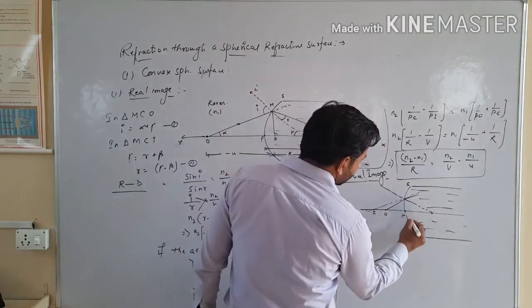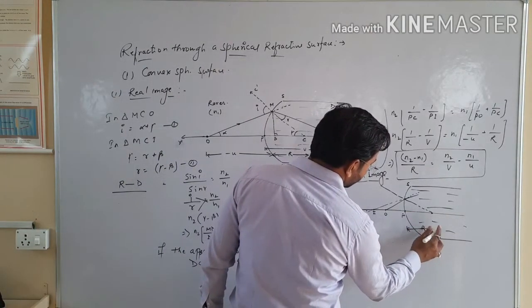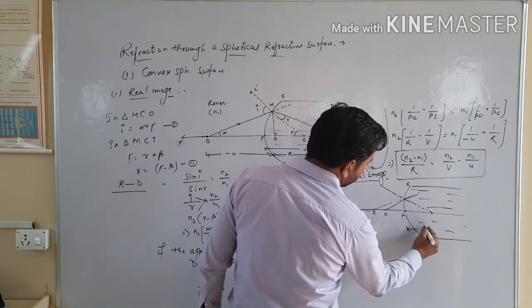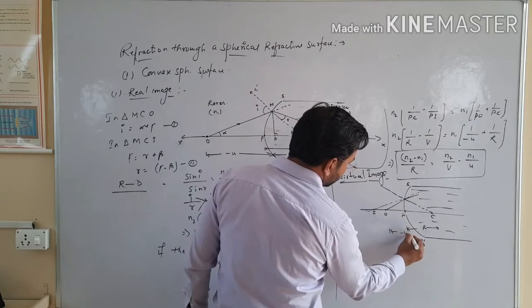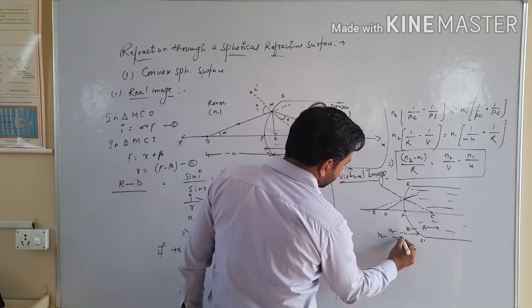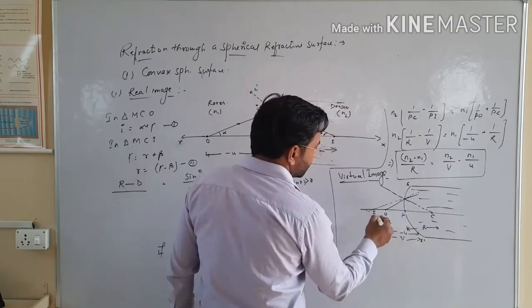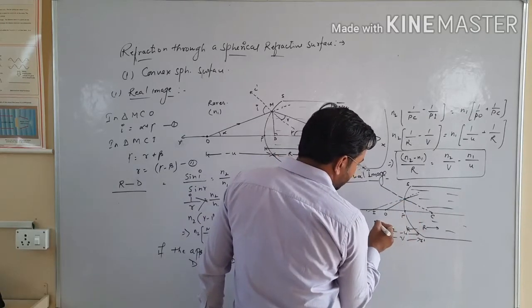For this you can take the values with sign convention: r is our C, and this is minus u, here minus v, and the remaining alpha, beta, gamma we will discuss.